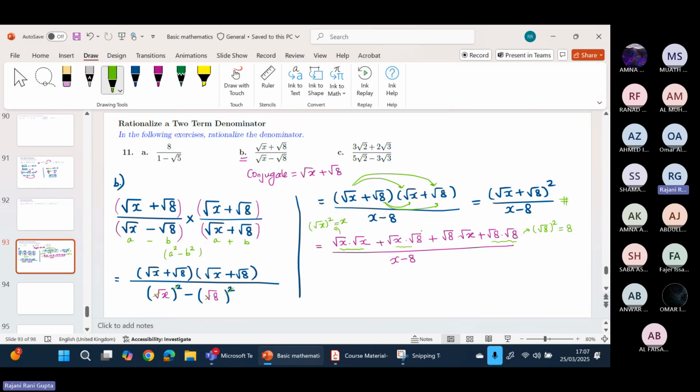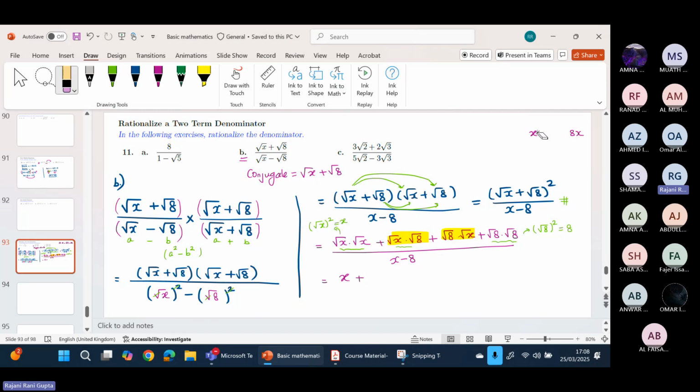And here, for this term, okay, let me write this. So you can write x plus this, as I said before, root x root 8. You can write it as root of x into 8 or root of 8x. It's same. Okay? Or you can keep it same. But you see this term and this term is same. Okay?